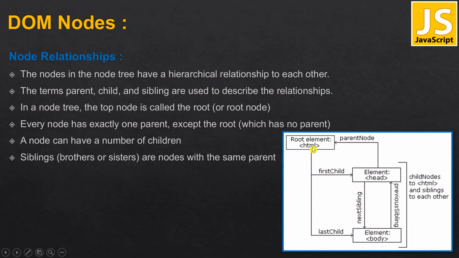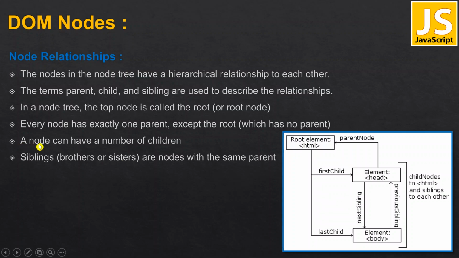Inside this HTML we have two sections, head and body, which are the first child and last child. In the body itself we have so many tags, so the body becomes a parent to those tags placed inside the body section. So there are so many parents, but the root element is the ultimate parent.